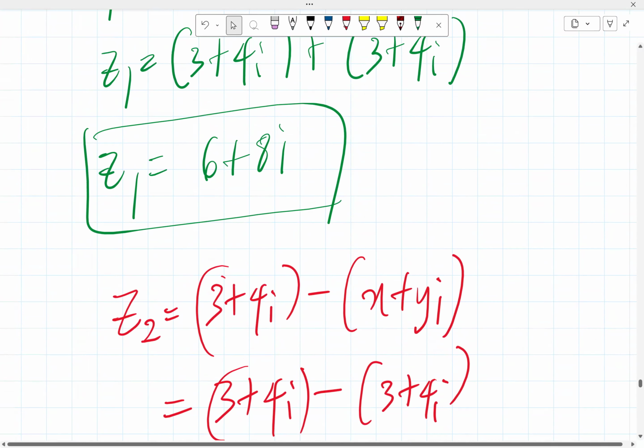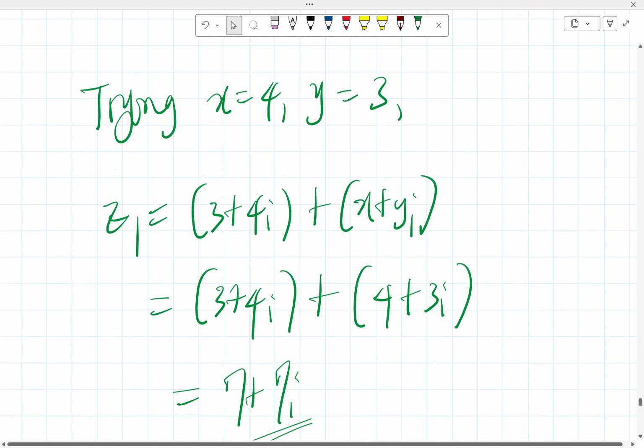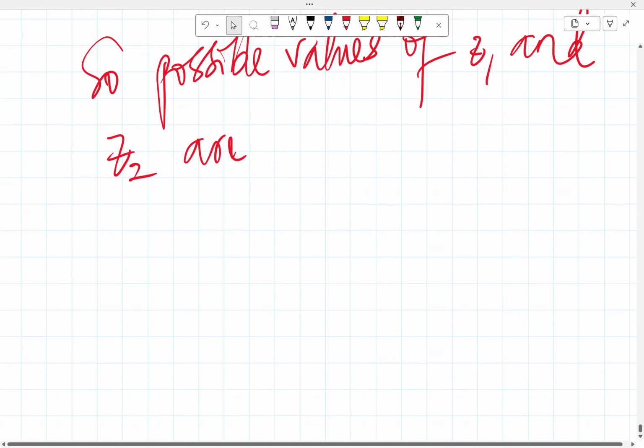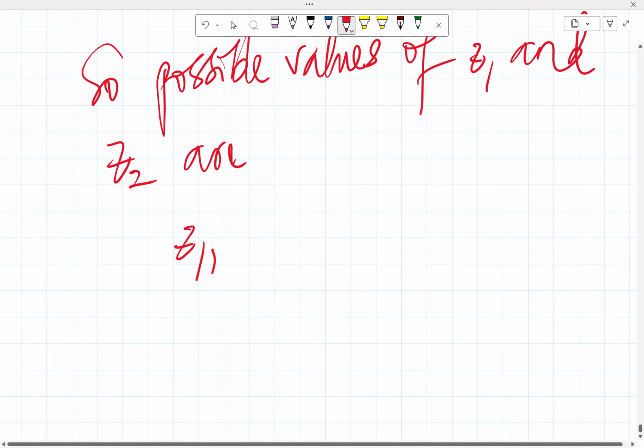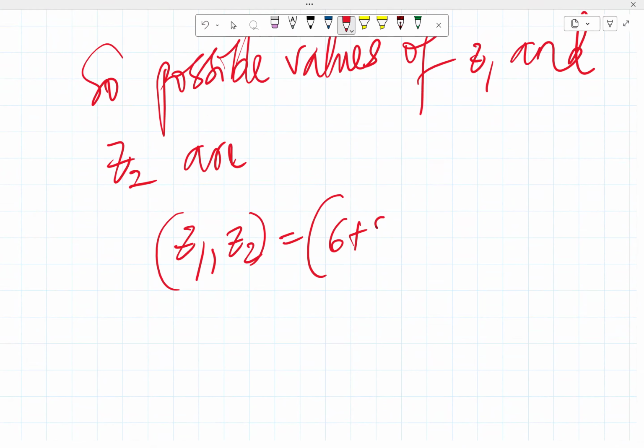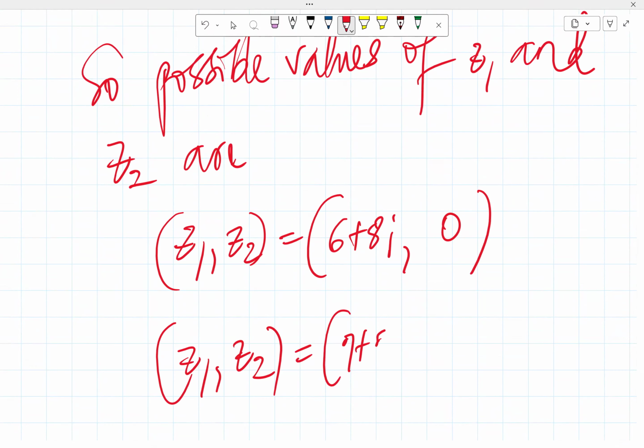The first set: z1 is 6 plus 8i and z2 is 0. And of course, the second: z1 is 7 plus 7i, z2 is minus 1 plus i. So that's how that ends.